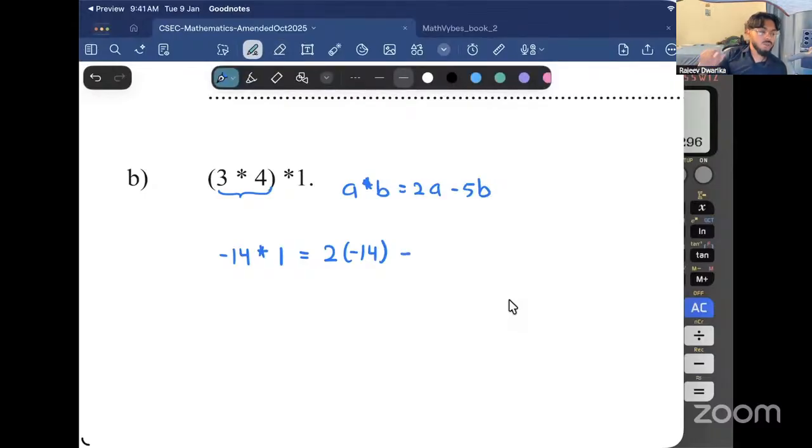B is 1. So what are you going to replace? Are you replacing the 5 or are you replacing the B? Just the B. So tell me what I should write down after the minus sign. So 5 will come back to 1.